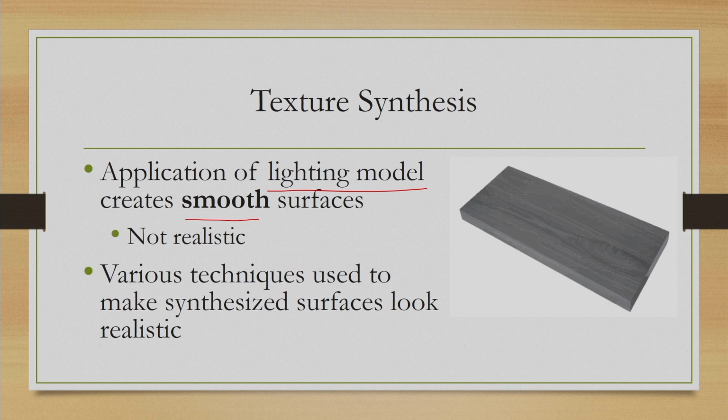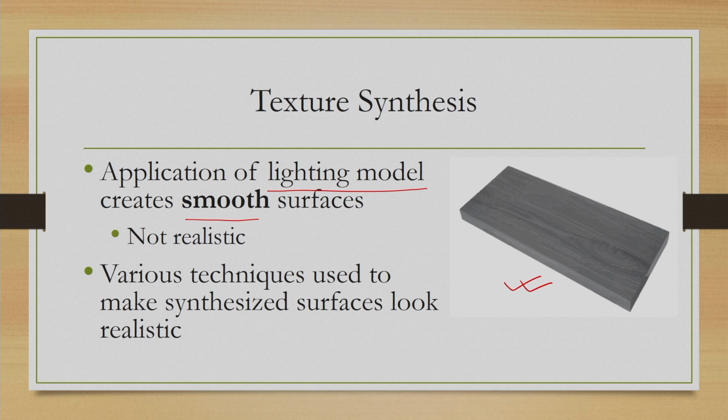Typically, we get to see different types of surfaces, and almost all the surfaces are non-smooth. They have something else apart from a smooth distribution of color. Like, as you can see here, this wooden plank in this figure, you see on the surface there are various patterns.